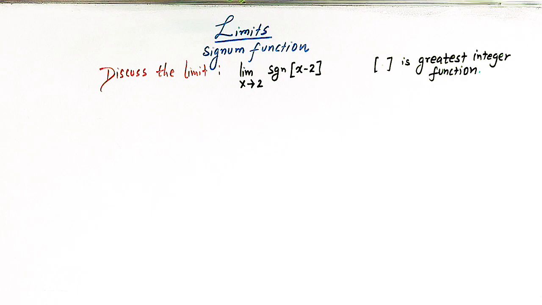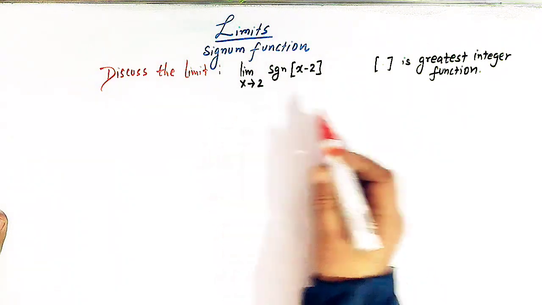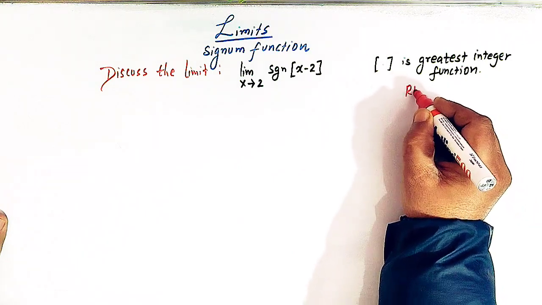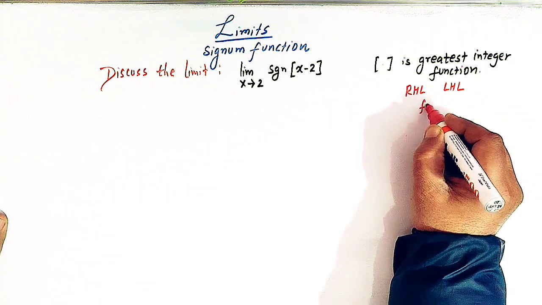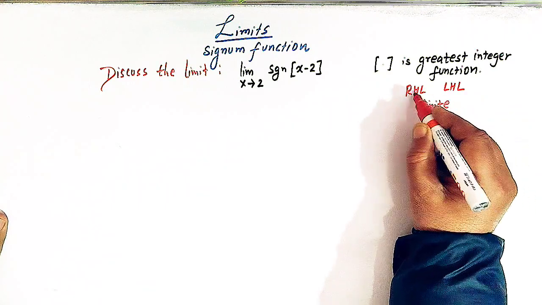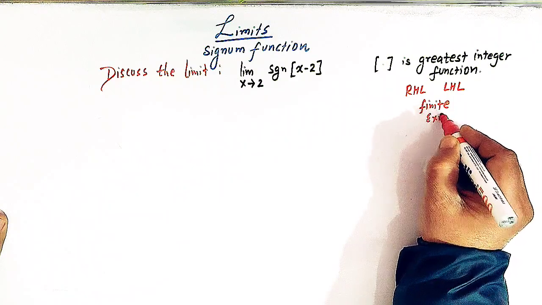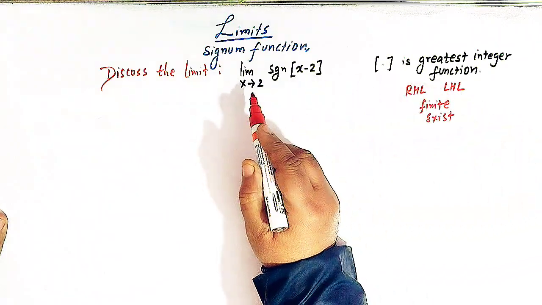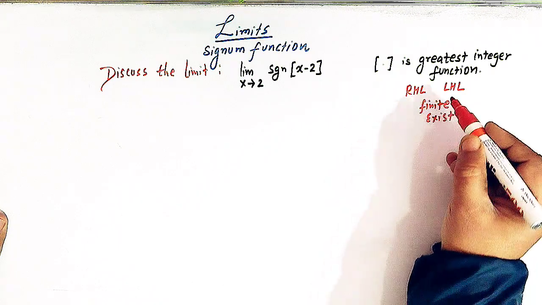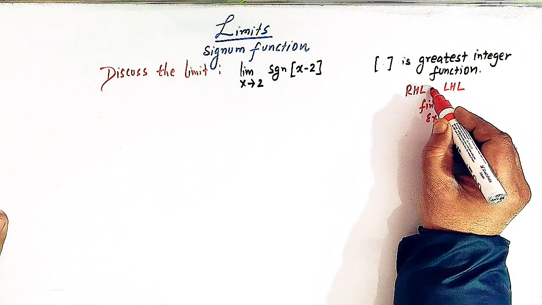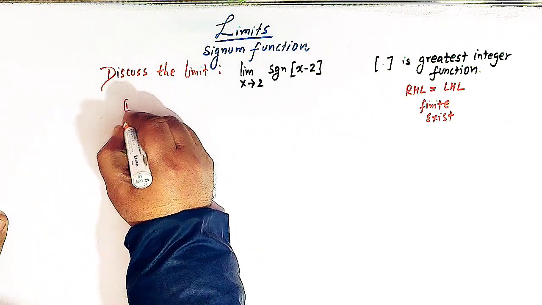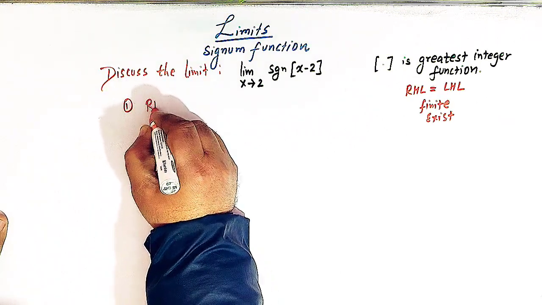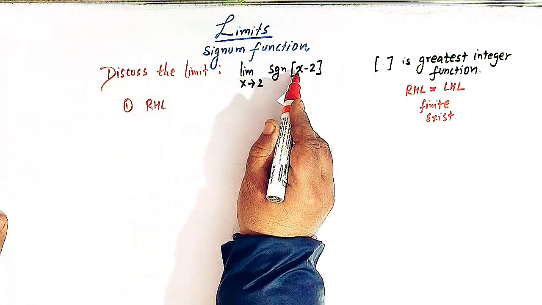Now we know that for the existence of the limit of a function at a given point, both the right hand limit and the left hand limit should be finite, and both these limits should exist, right? And moreover, if the limit of the function is to exist, then both these limits should be equal to each other, right? So first we'll find out the right hand limit of this function, right?